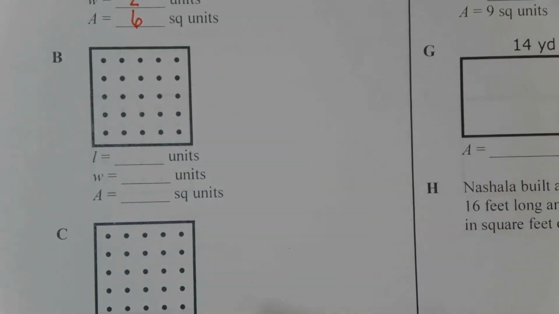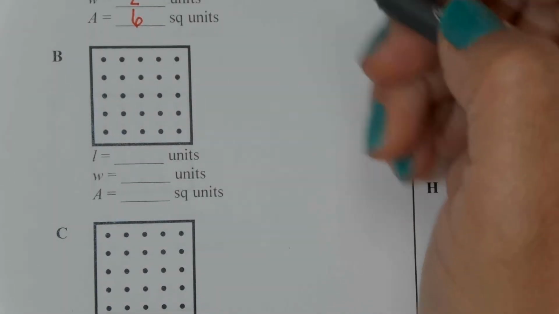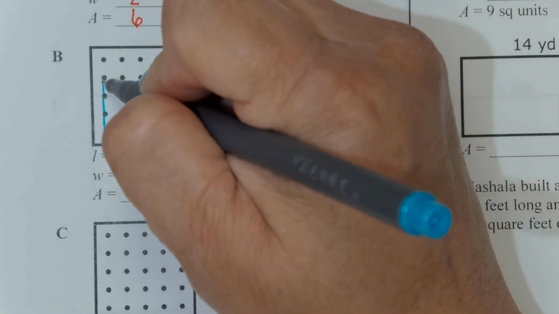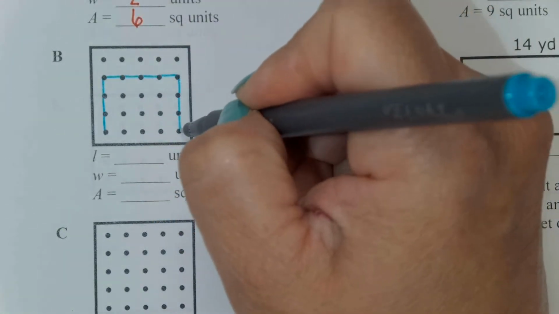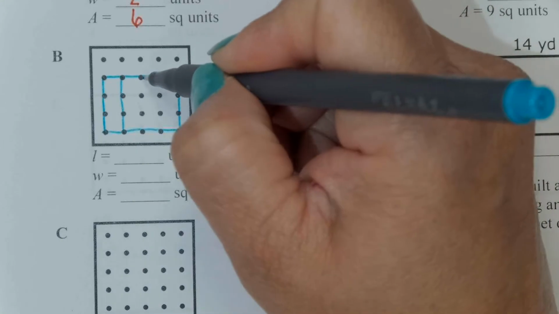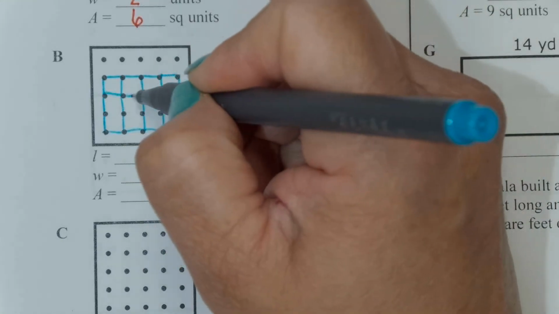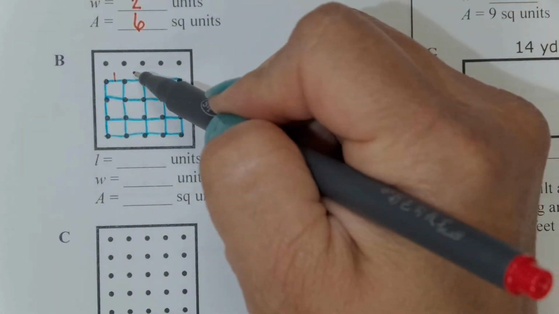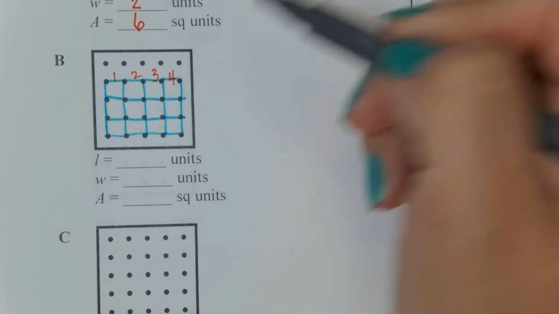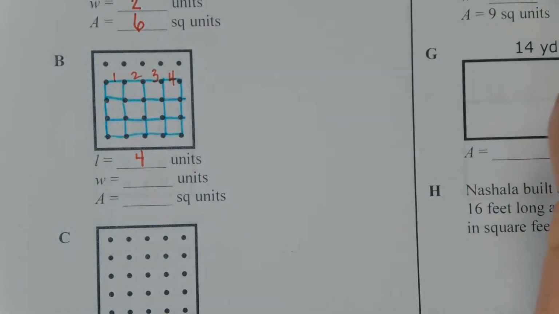Okay, so let's go ahead and do letter B. Let's trace our square units inside, make our squares. Okay, so let's see. Our length, we have 1, 2, 3, 4. Our length is 4.